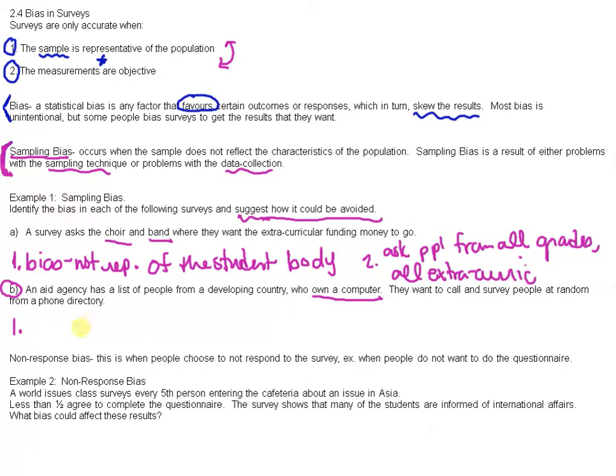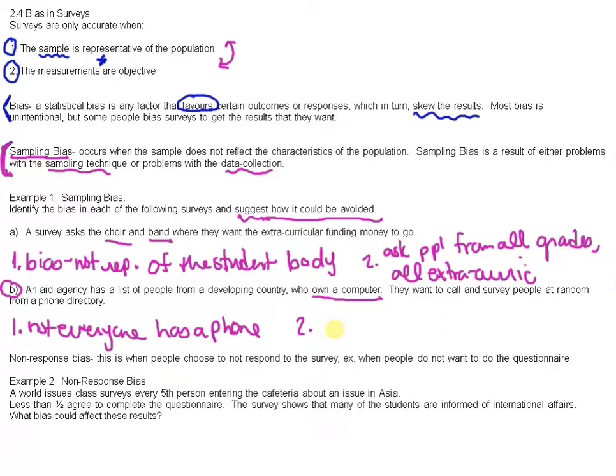However, if they don't have a computer, they may not have a phone, that type of idea. So not everyone has a phone. Therefore, there are many people that could potentially not be chosen to do the survey.